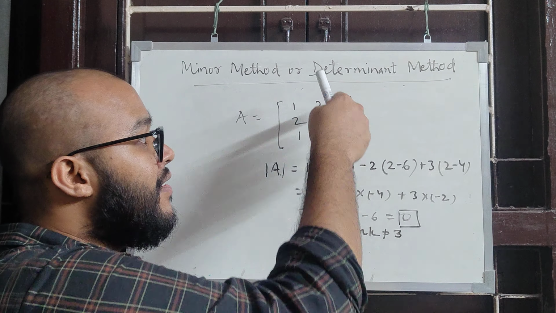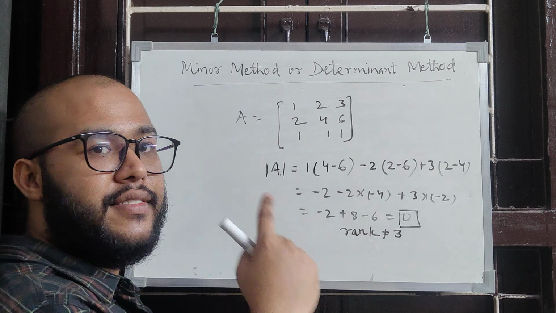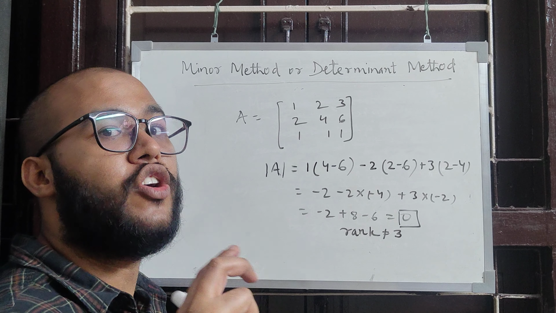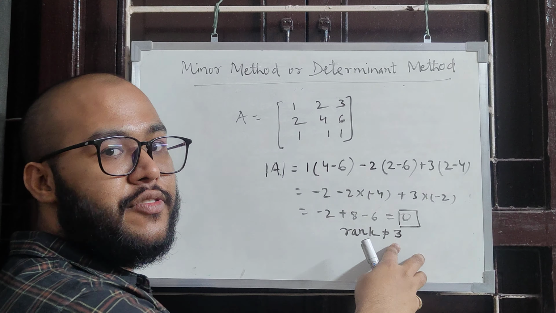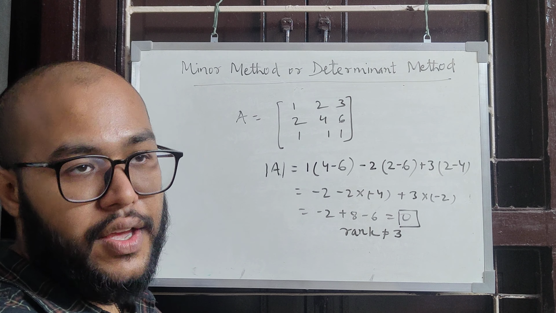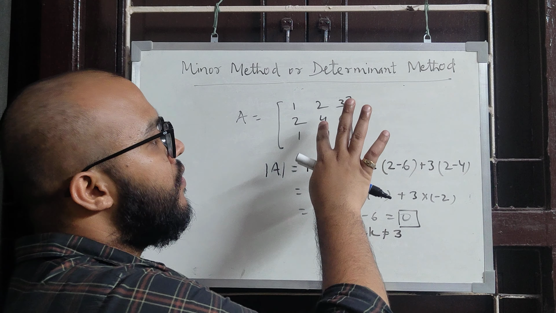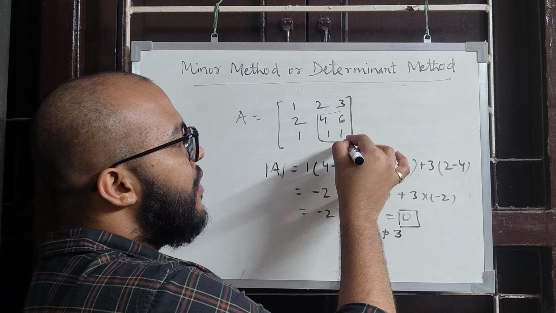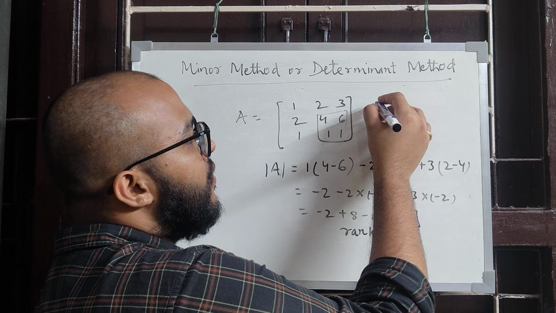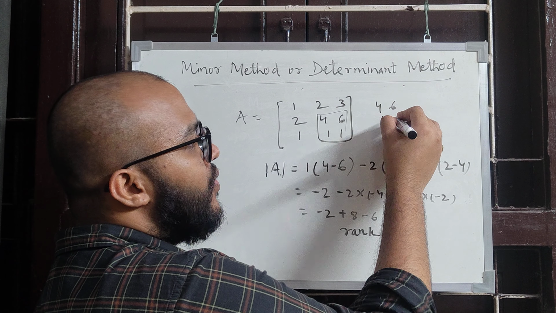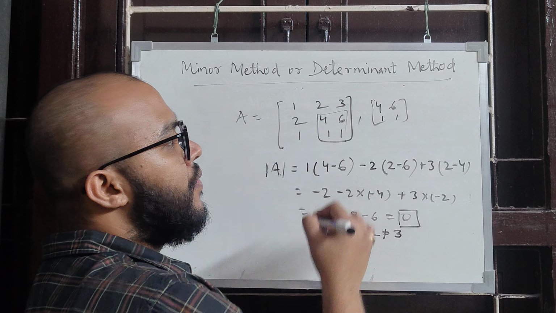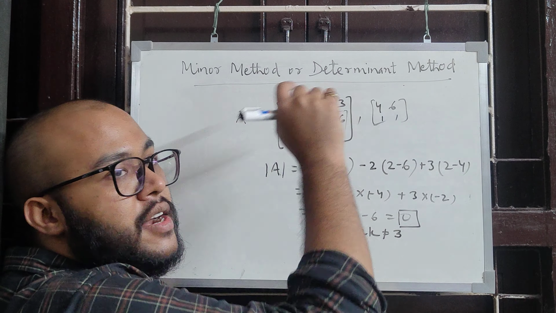Okay, a matrix inside it such that its rank becomes 2. We try to find a 2 cross 2 matrix because 3 minus 1, the next number, is 2. So let's take an example, suppose I am taking this matrix, 4 6 1 1. Let's find the determinant of this.